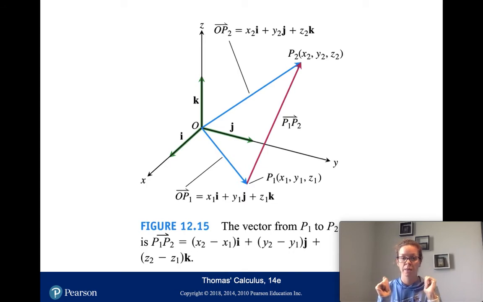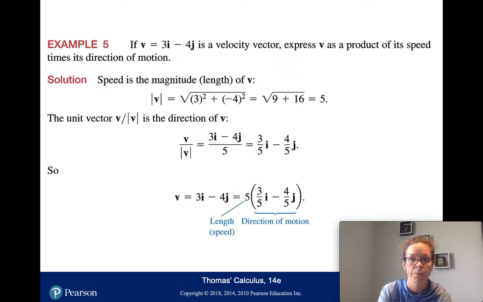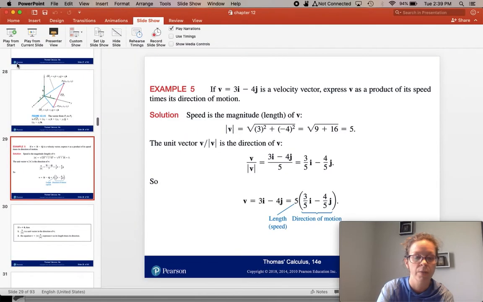Or we could say that it's xi plus yj plus zk. So we could take what's in these and then just give an i, a j, and a k to each piece. We'll look at an example of that.